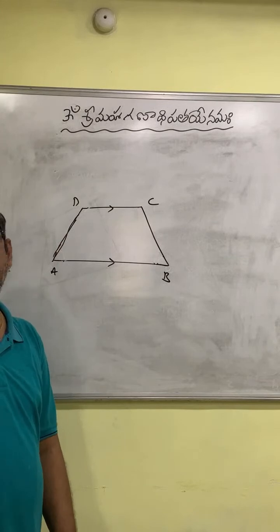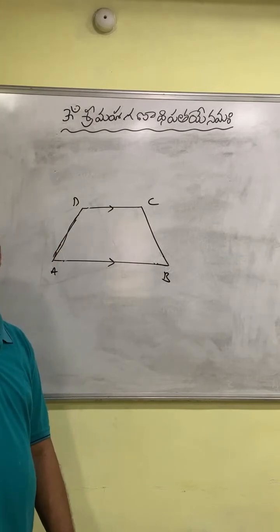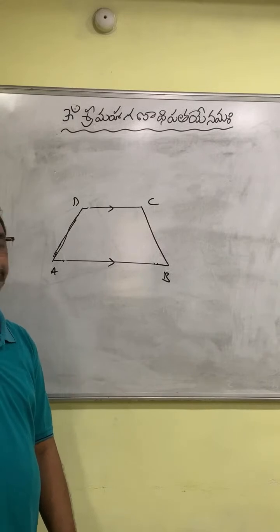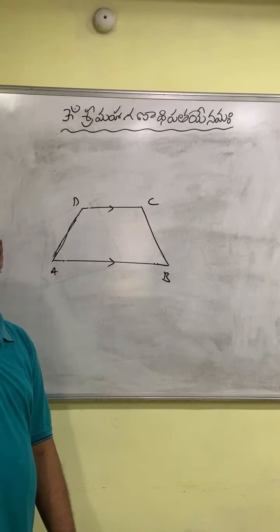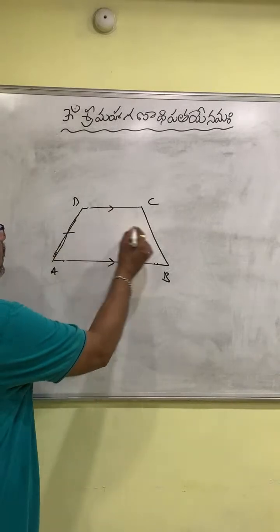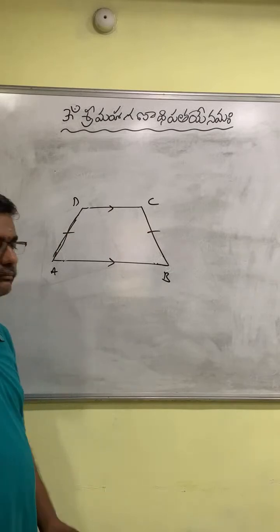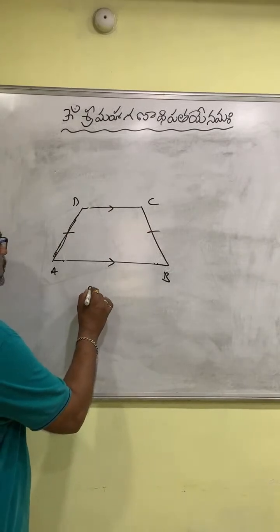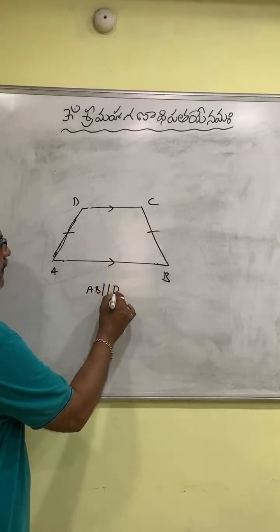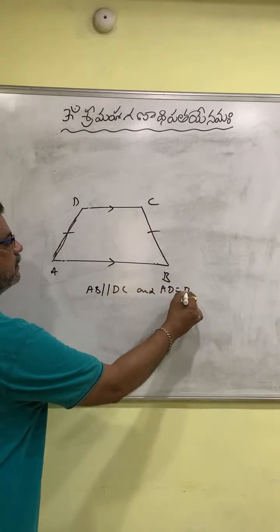Next type, isosceles trapezium. What is an isosceles trapezium? A quadrilateral in which one pair of opposite sides are parallel and the other pair equal.